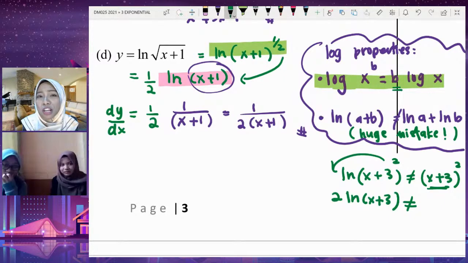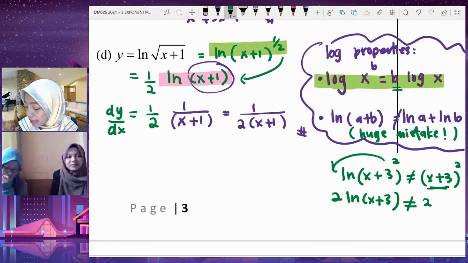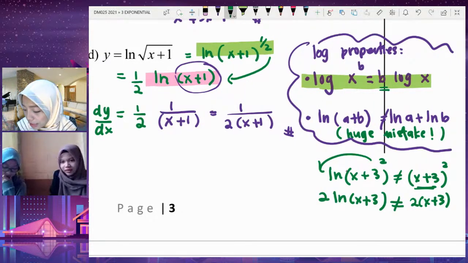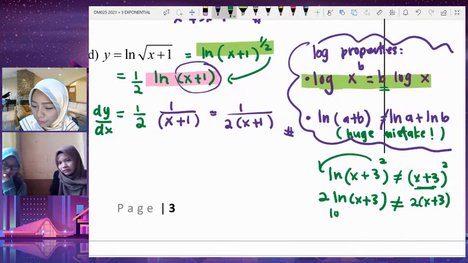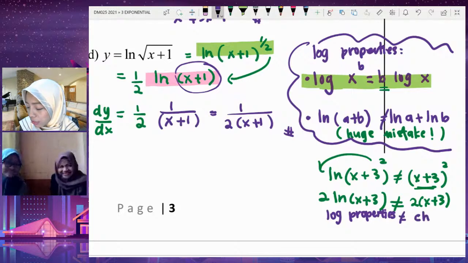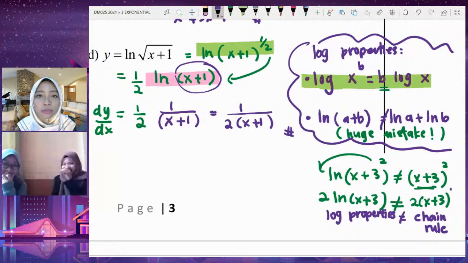But then for ln, you do 1 over f(x) multiply with the differentiation of f(x). Ini adalah chain rule. Okay, so I tulis ini adalah log properties. This is using log properties. Meanwhile, this is using chain rule. Barulah you ada -1 tu.